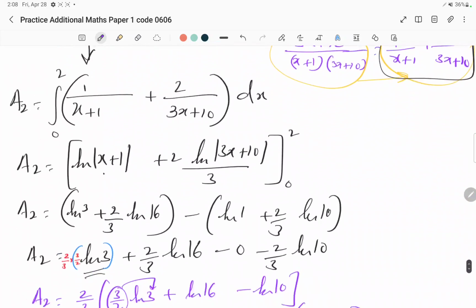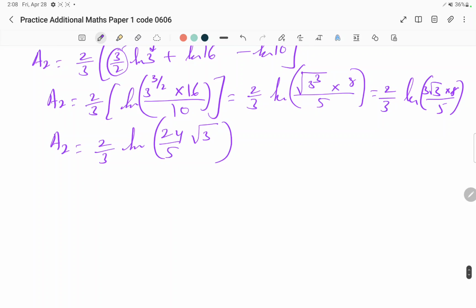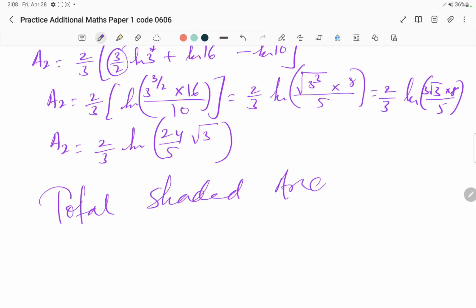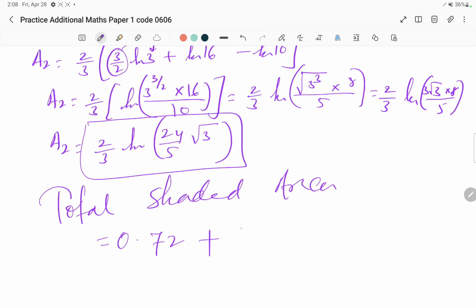So A1 is 0.72 only. So total shaded area is 0.72 plus this part, which is 2 over 3 times ln 24 over 5 root 3.